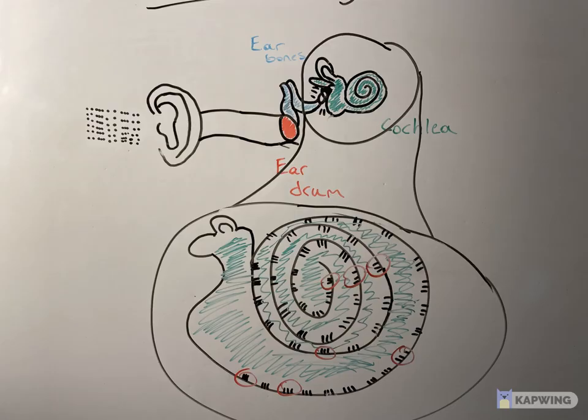Now, once those vibrations enter the cochlea, they travel down the tube all the way to the end. As we can see, the cochlea is a seashell-shaped organ inside the ear, and as we can see in the diagram, there are little hairs that can sense when vibrations pass over them inside the cochlea.